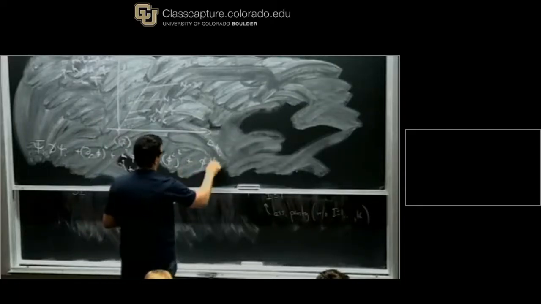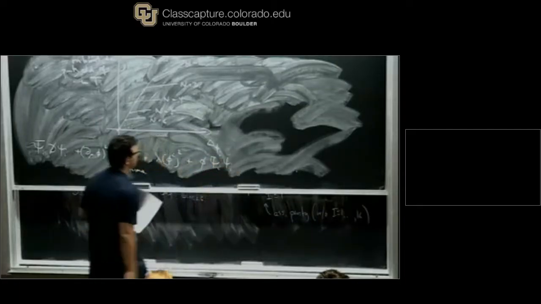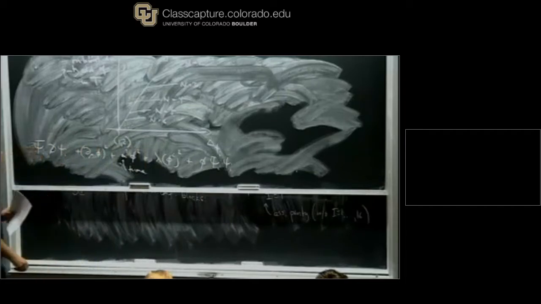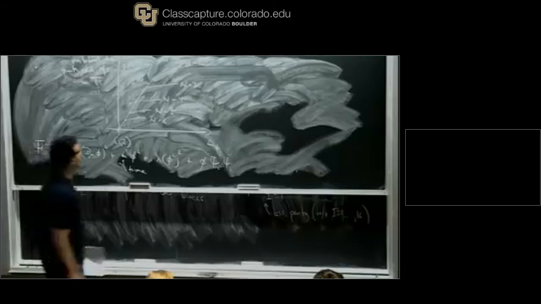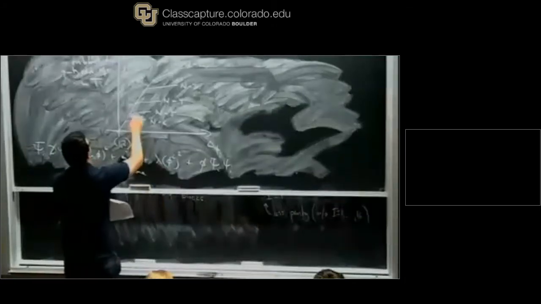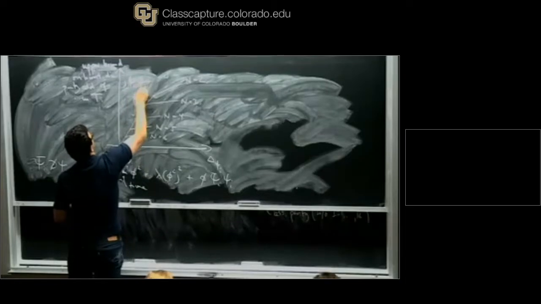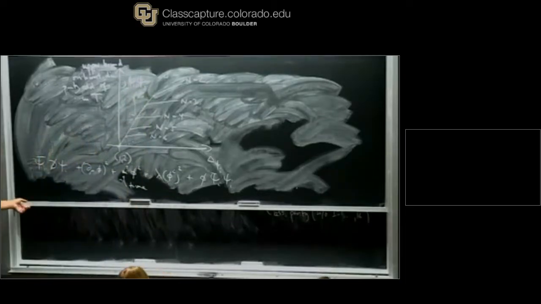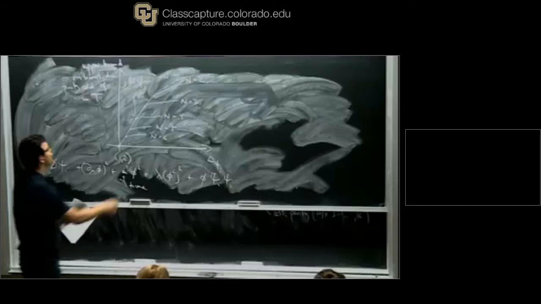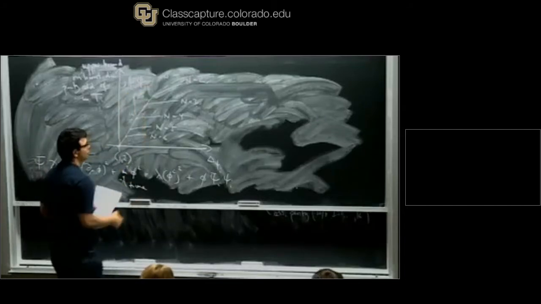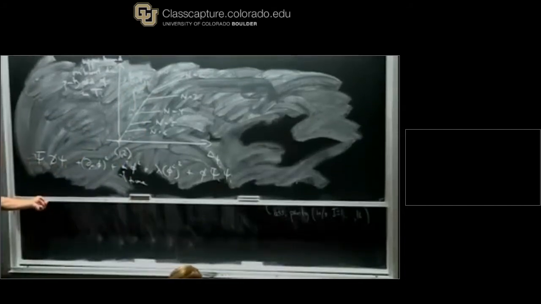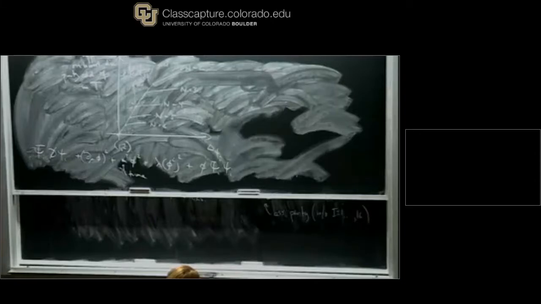That's why they're called Gross-Neveu-Yukawa. And the operator that I'm talking about is psi I psi j, symmetrized and with the traces removed. Okay?